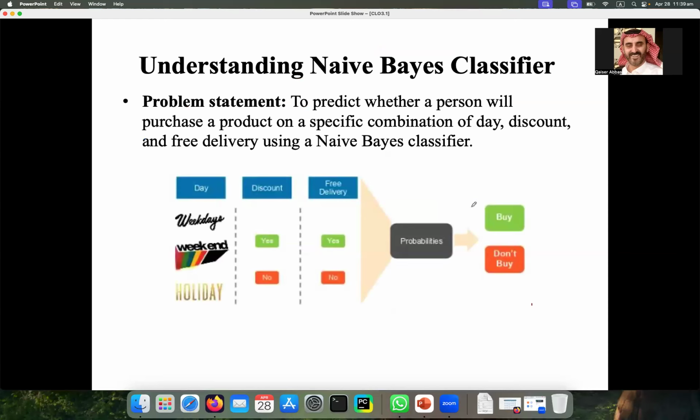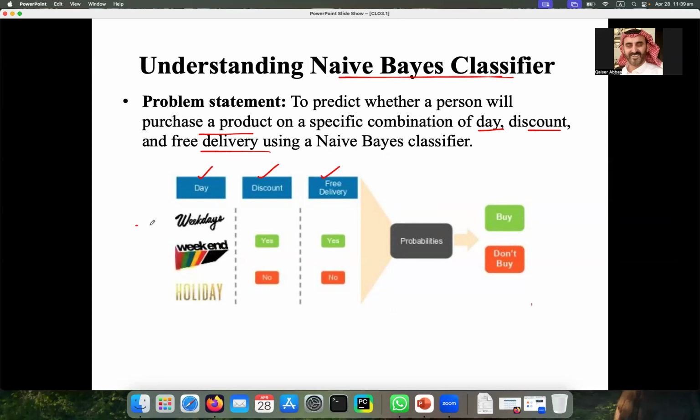Now we are taking an example. In this example, we will predict, according to the algorithm of the naive Bayes classifier, whether a person will purchase a product on a specific combination of day, discount, and free delivery. These are columns, and their values are given here.